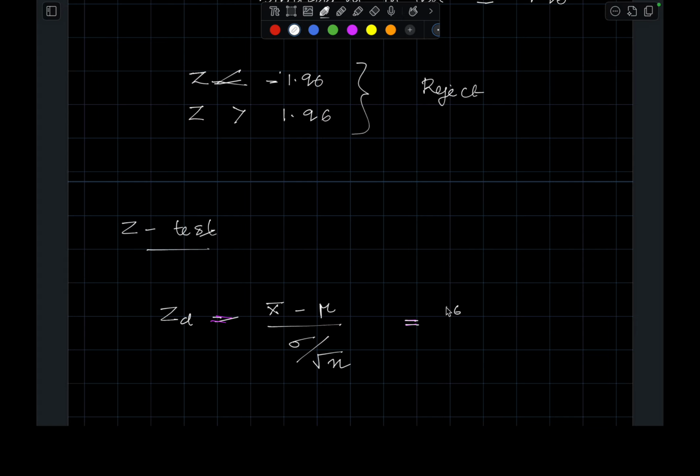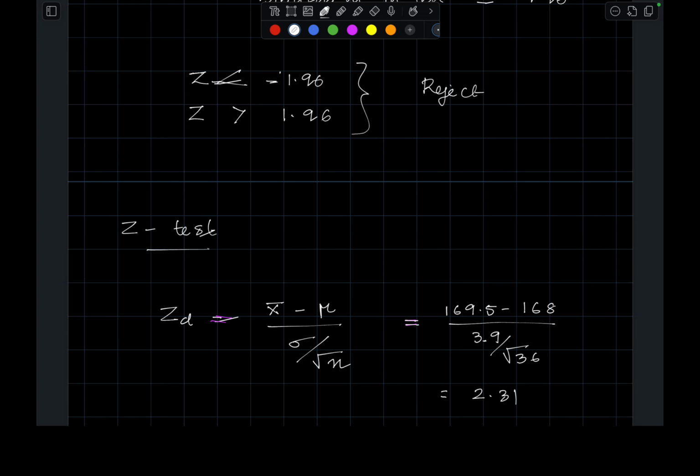Yes, the question is, for the Z score you calculated 1 minus 0.025, so you have taken the rejection area only on one side, one tail. Why not both? The doubt is completely understandable.